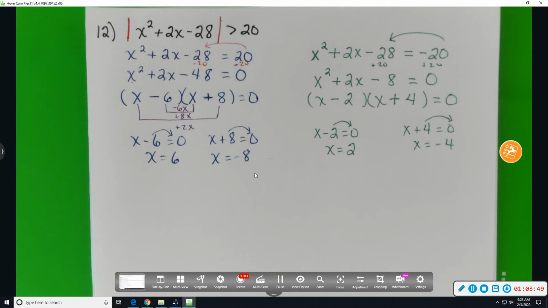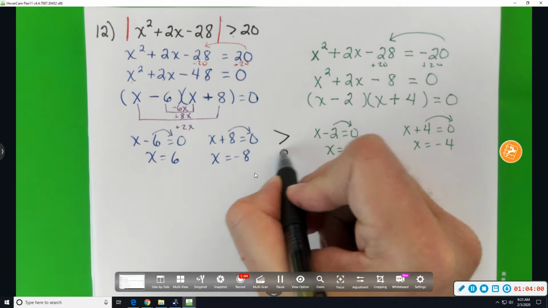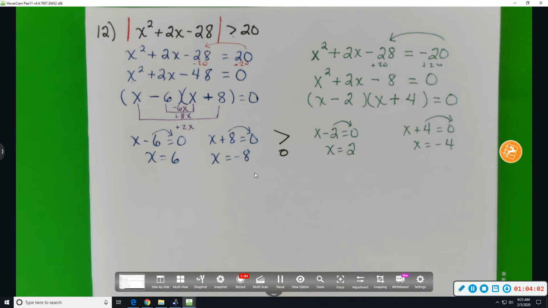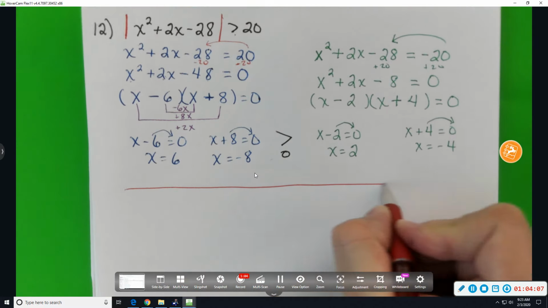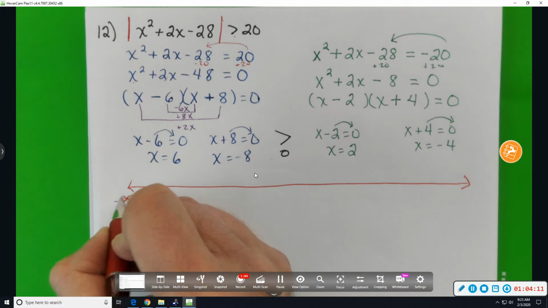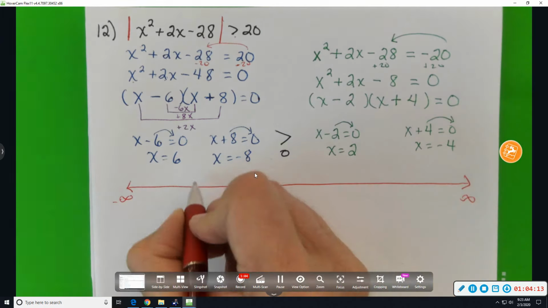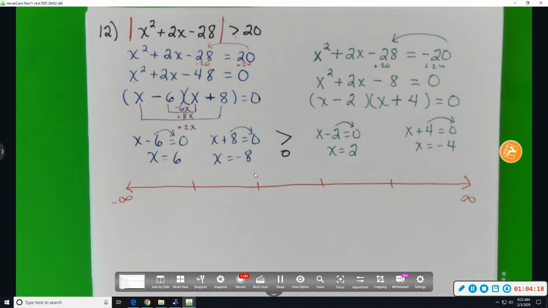Oh, I haven't asked this, so I may as well ask it now. Are we going to have open or closed circles at these 4 cut points? Open, because there's not an equal sign here. So I'll draw my number line. I'm going to put 4 marks. 1, 2, 3, 4. And I'm going to put these numbers in numerical order.